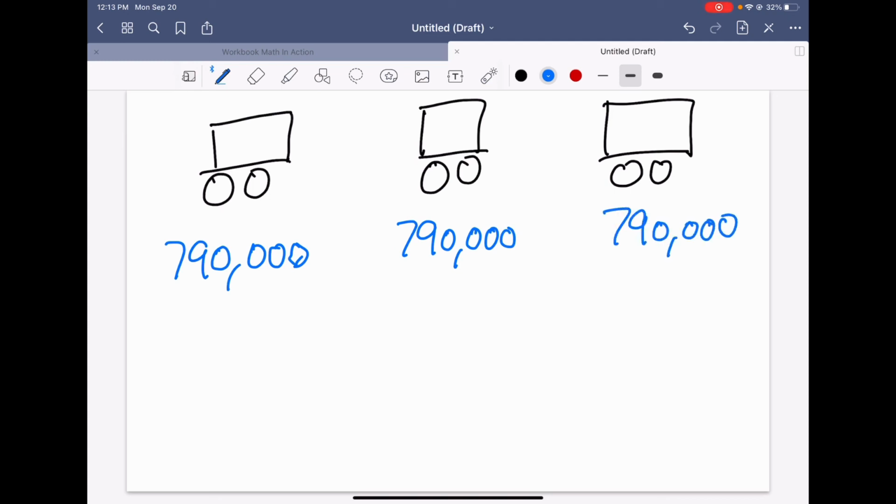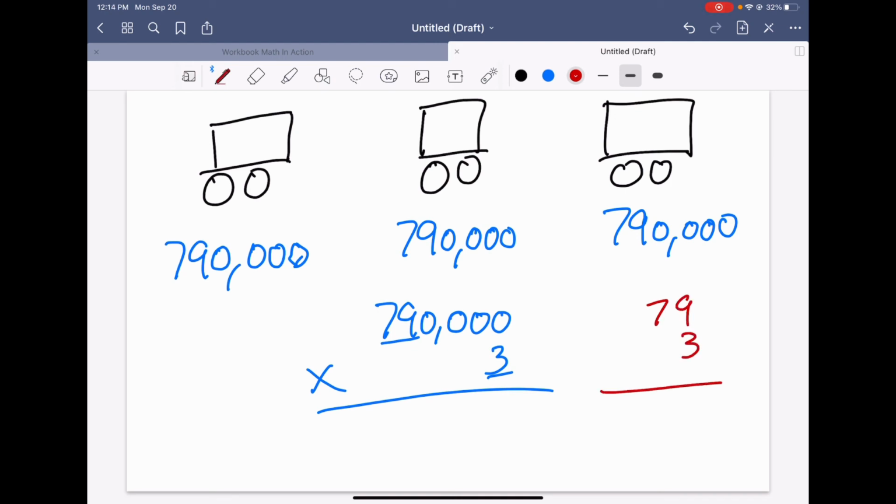The other way we can do this is we can do 790,000 times 3. But we can just do 79 times 3, right? Because we have 1, 2, 3, 4 zeros. 9 times 3 is 27. 3 times 7 is 21.